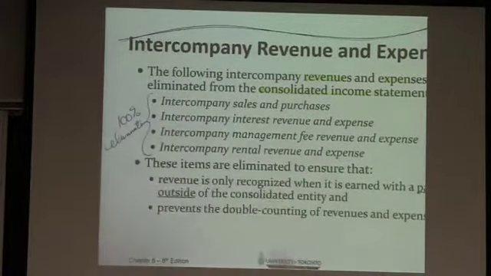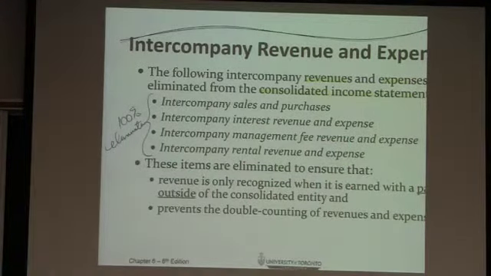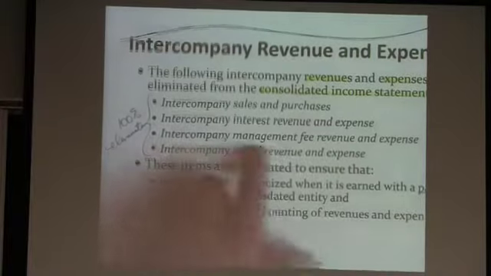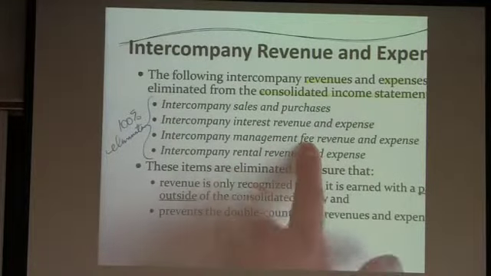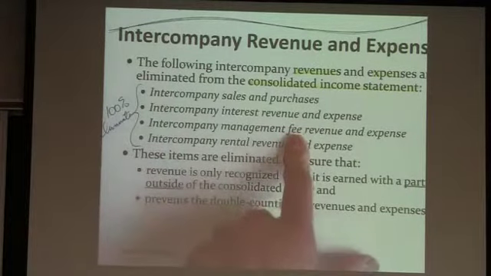And then the interest revenue and expenses, we saw that too as well, right? Because in this example, P lent money, so they had interest income, so we need to eliminate that. And management fee is often another popular expense that gets transferred to and from parent and sub.